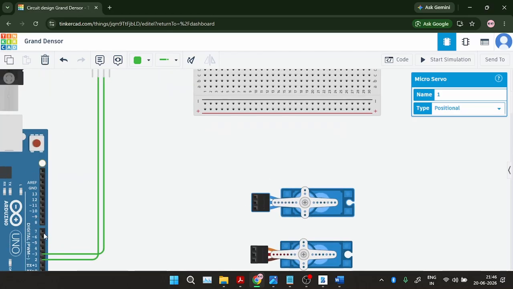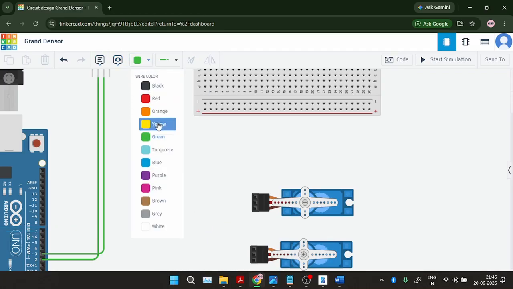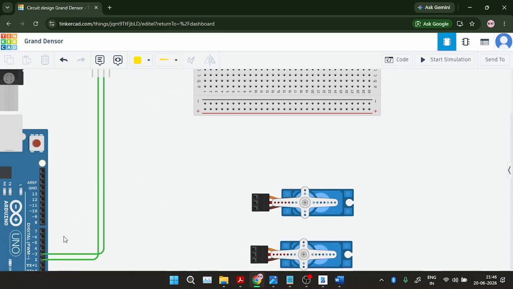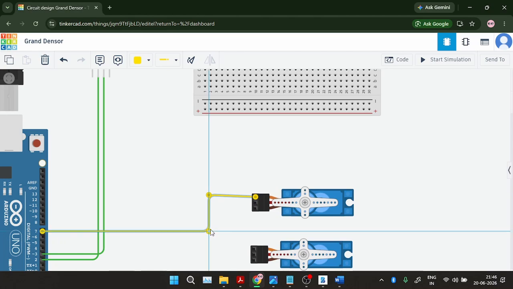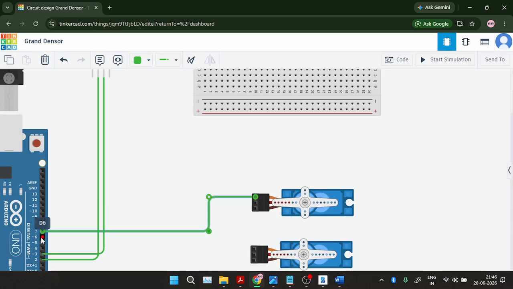Okay. So the seventh one, what I'm going to do is, yeah, let me change the color of this. Black, orange. I will go with yellow. Is yellow visible? Yeah, it's much easier to identify this. So that's one signal. It's better if I go for the seventh one for the upper one. So seventh one, and another green.